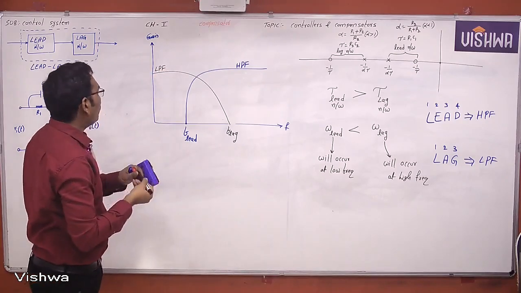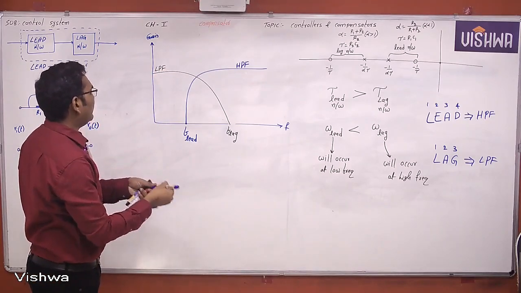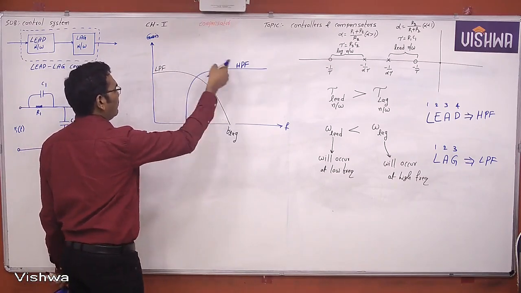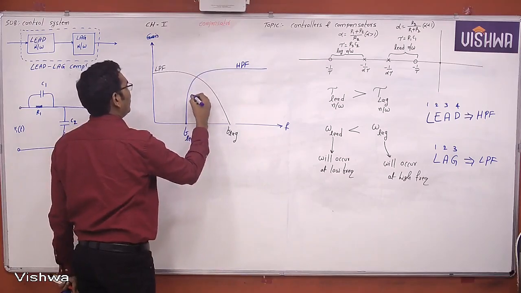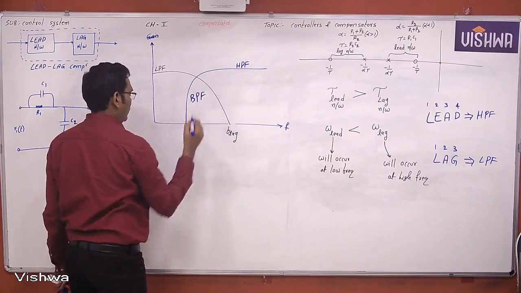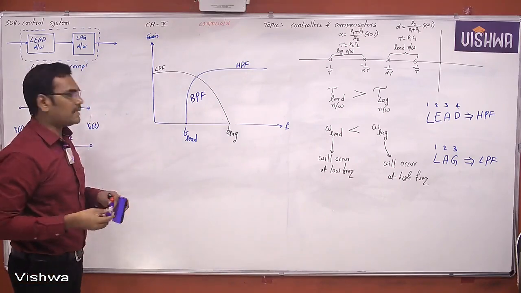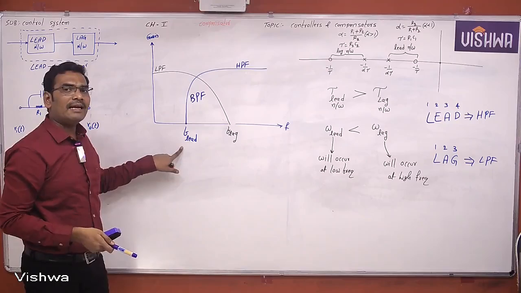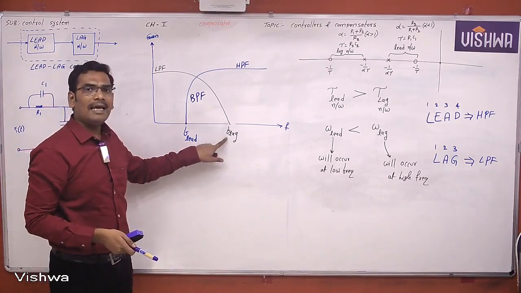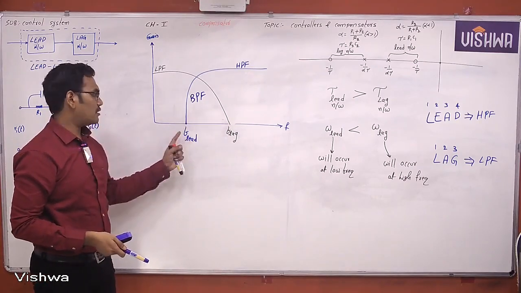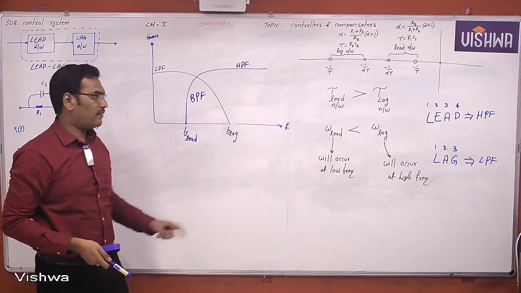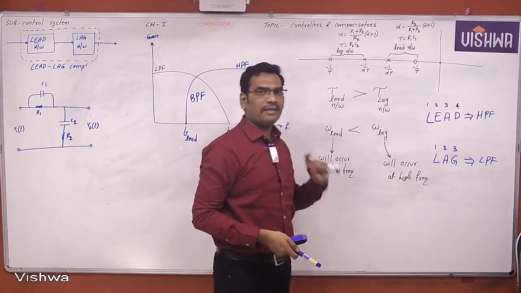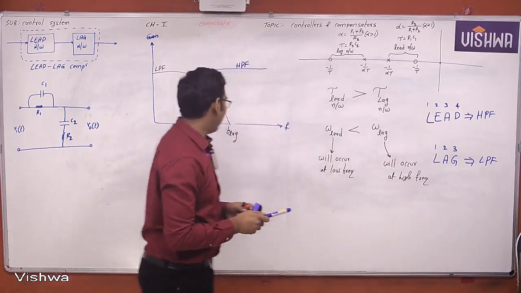Now the combination of the lead-lag compensator will act as which filter? Band pass filter. Here you can also easily identify. This is the frequency axis. The lead will occur at low frequencies and lag will occur at high frequencies. Both will occur at different frequencies.